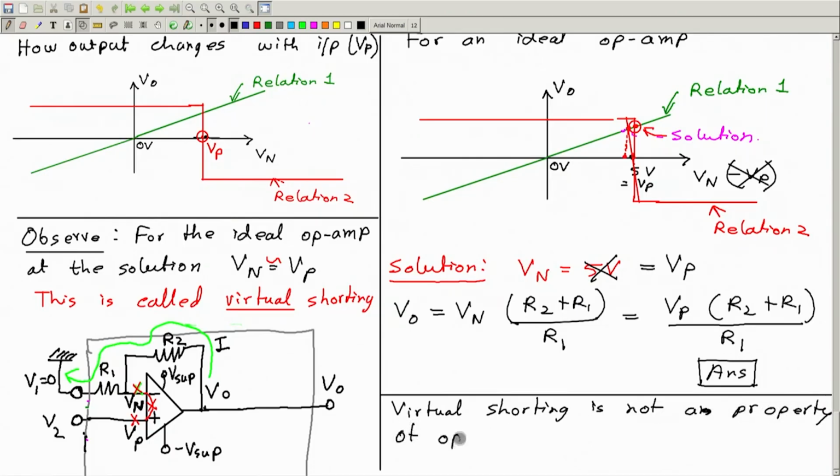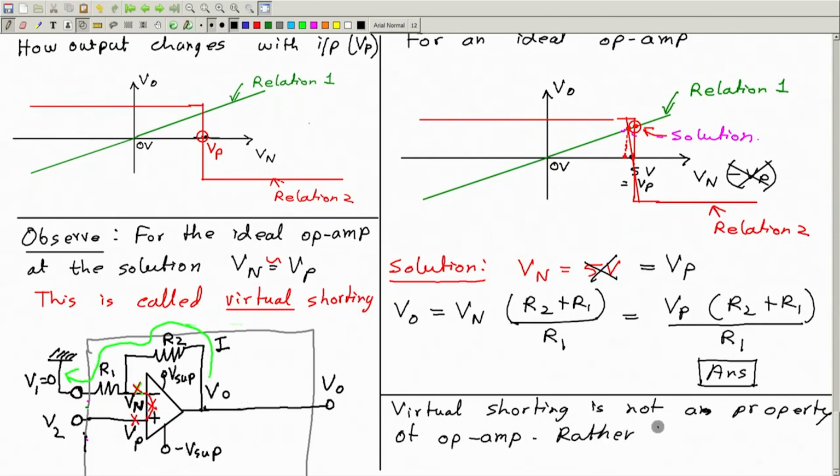Rather, it's a property of the entire circuit, everything together. If you just have an op amp with, say, this resistance and these connections are not there, do not say that Vp and Vn will always be the same. But it is true for this particular circuit.